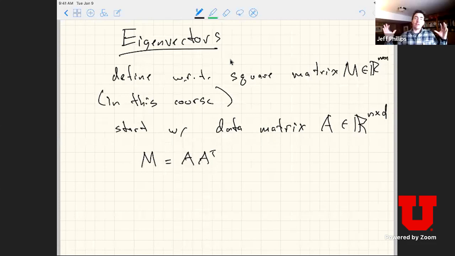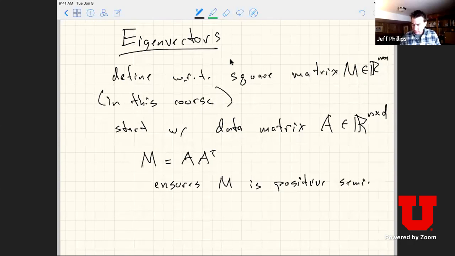Basically every time we talk about eigenvectors in this course, we're going to derive them from data in this way. This gives rise to special structure. This ensures that M is positive semi-definite, which is a nice property to have.